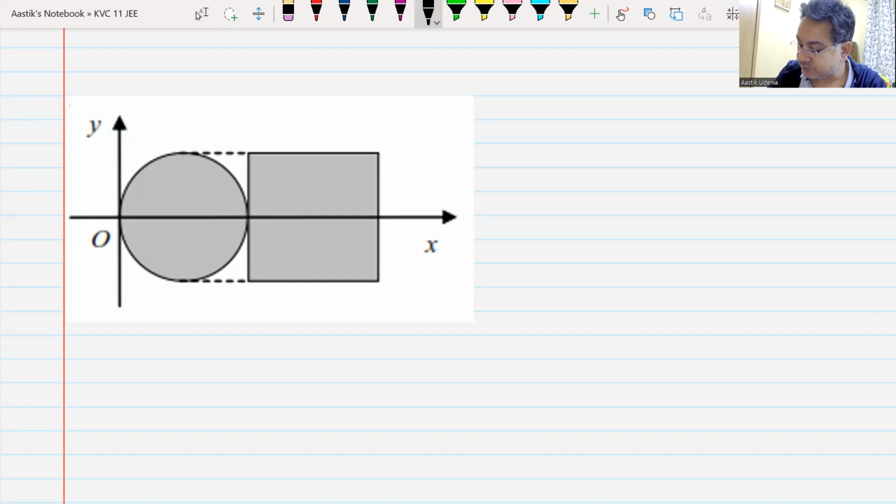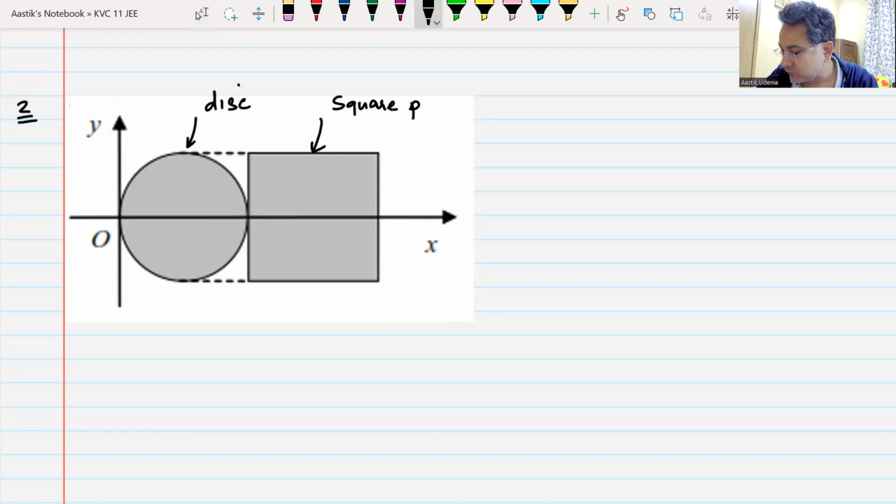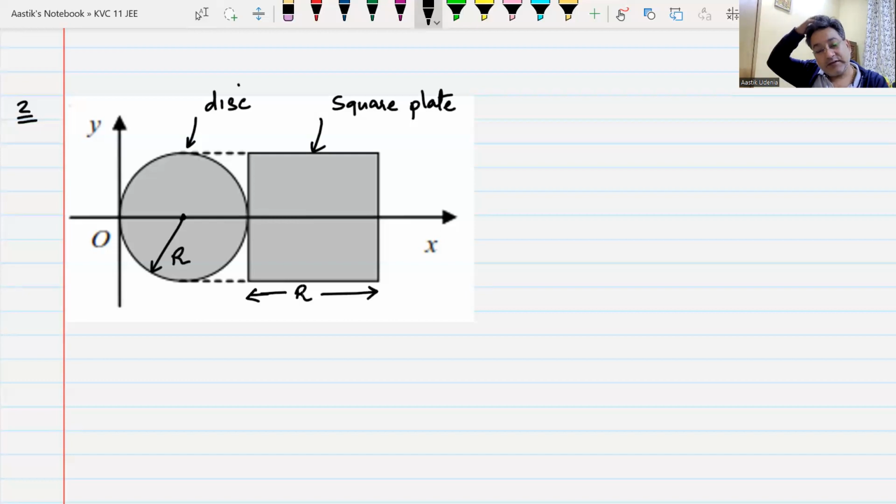Problem number 2. We have this composite body. Number 1 is a disc, and number 2 is a square plate. This disc has a radius r, and the square plate has a length of the side also r.